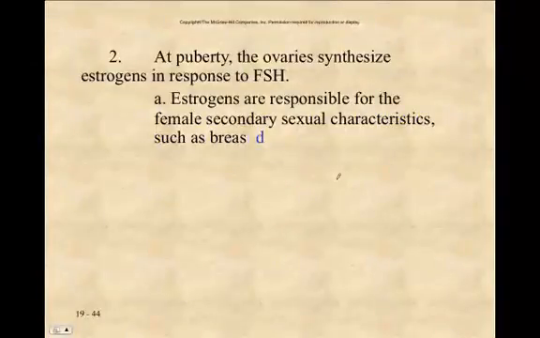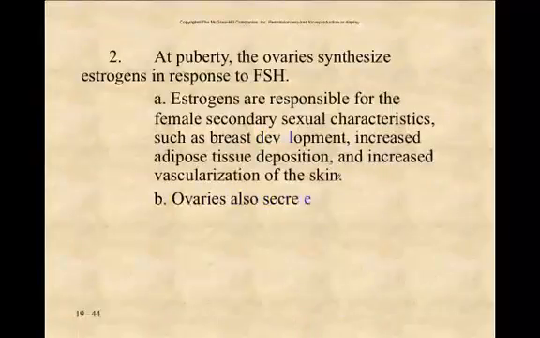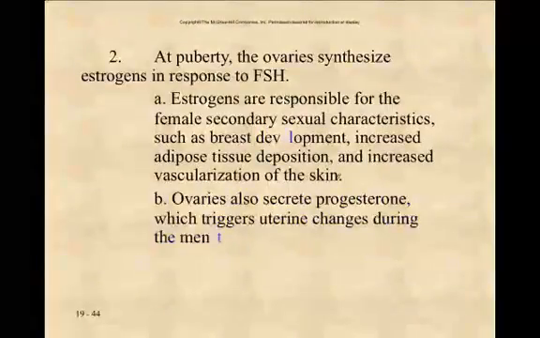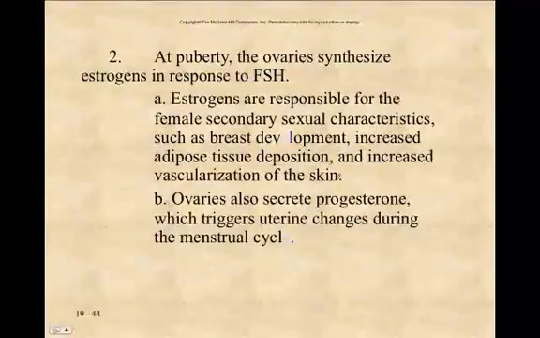Now, as you probably know, estrogens are obviously responsible for female secondary sex characteristics, such as breast development and increased adipose tissue deposition. You may say, well, why do we have the increased adipose tissue deposition? This is in preparation for childbirth.